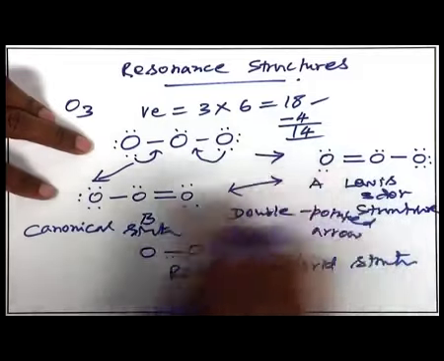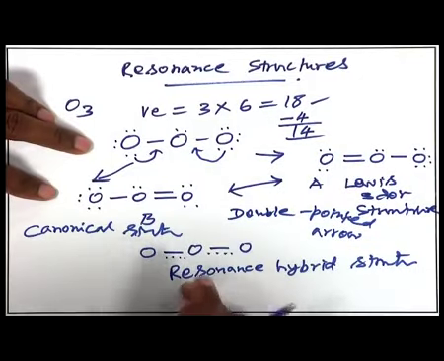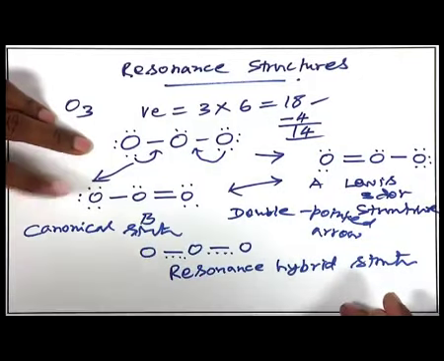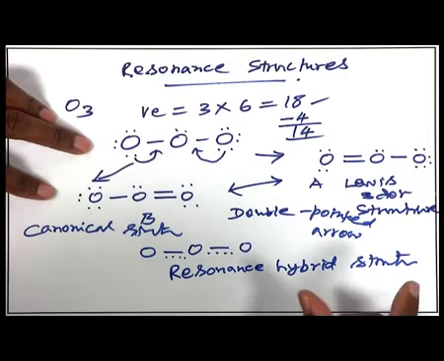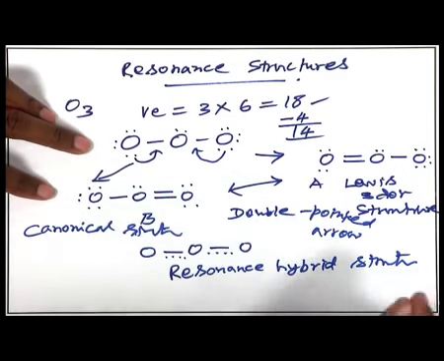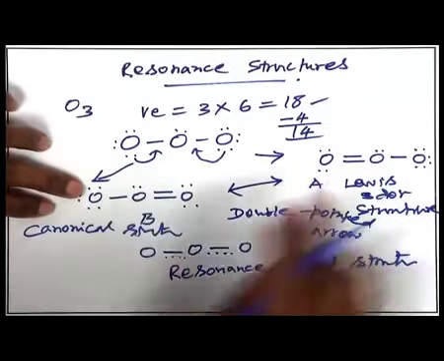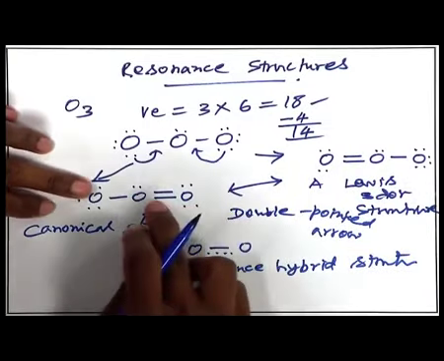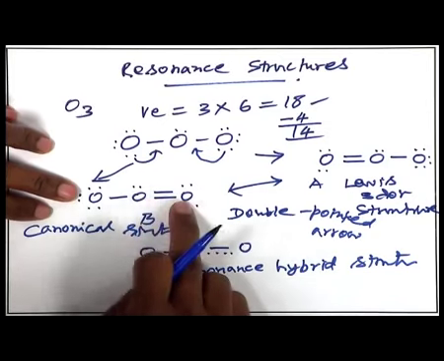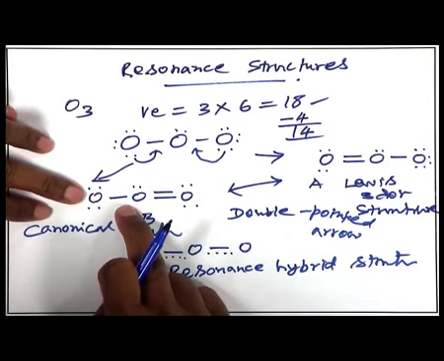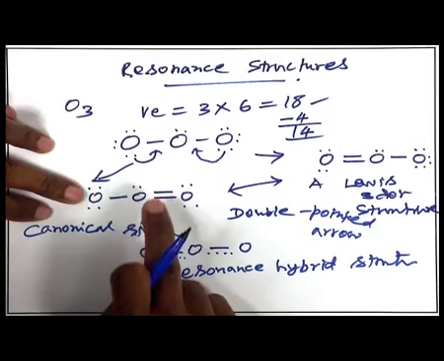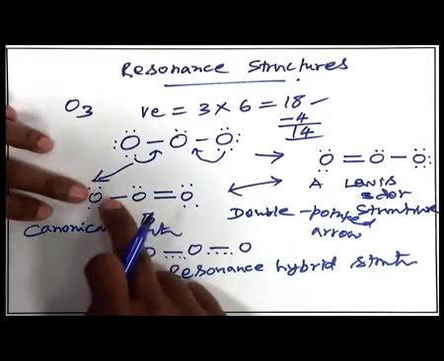But if you combine these two structures, you get a hybrid structure, which gives a better explanation of the experimentally observed bond distances. If you go by this structure, there must be a double bond here and a single bond there. Double bond distances are shorter compared to single bond distances.